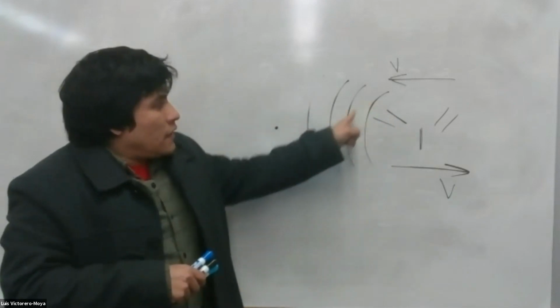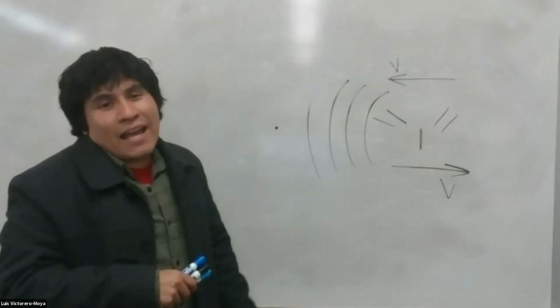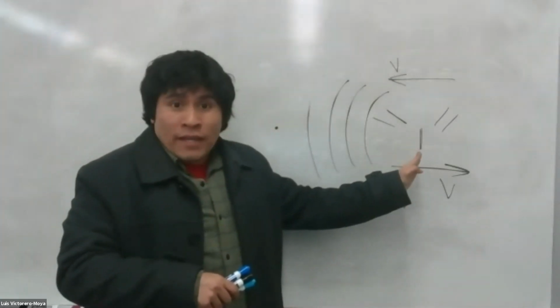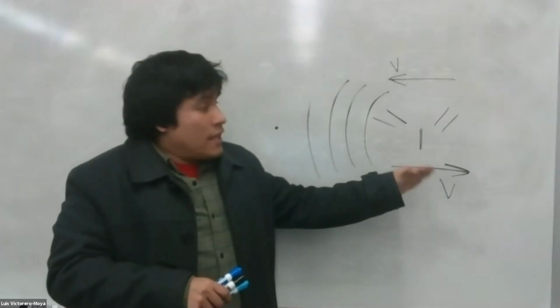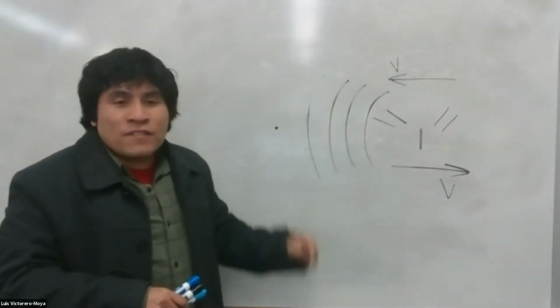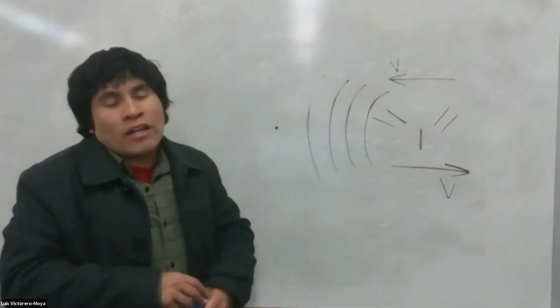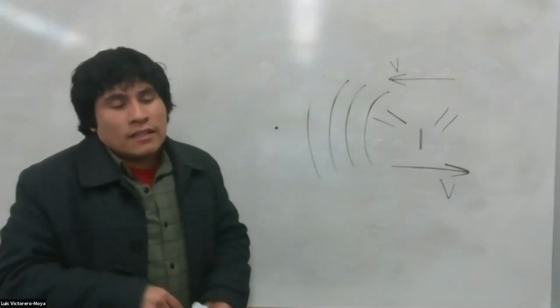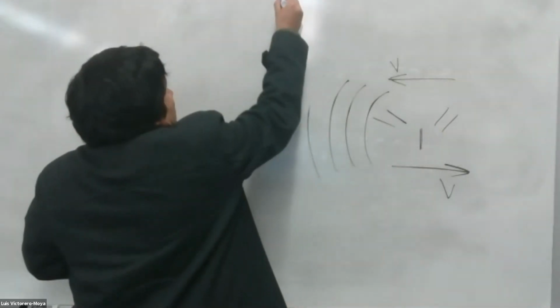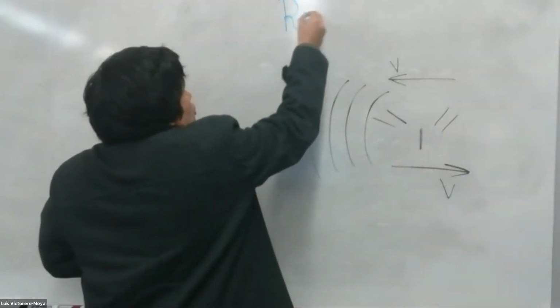So it's specific to sound? No, it also happens with light. When a light-emitting object, for example a galaxy, is moving away or towards an observer, the frequency changes. That's called the Doppler effect for light. That's called something that you probably have heard: the red shift.